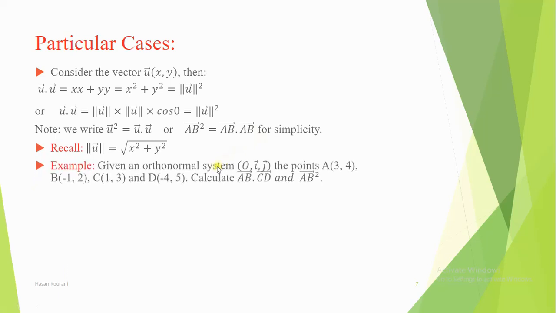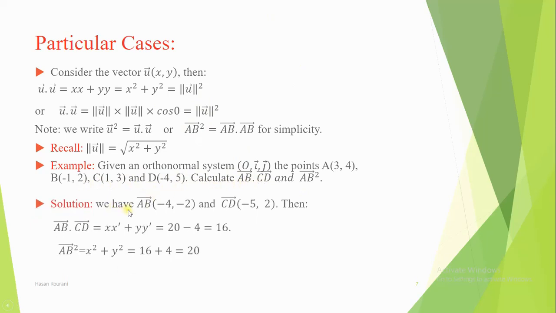Let's see this application. You are given, in an orthonormal system, the points A, B, C, and D with these coordinates, as you see, and we are asked to calculate AB dot CD and AB squared. You can see that the vectors AB and CD are not given, but we are given the coordinates of the points, and we can easily find the coordinates of AB and CD. As you see in the solution that I have prepared before, AB has coordinates (-4, -2).